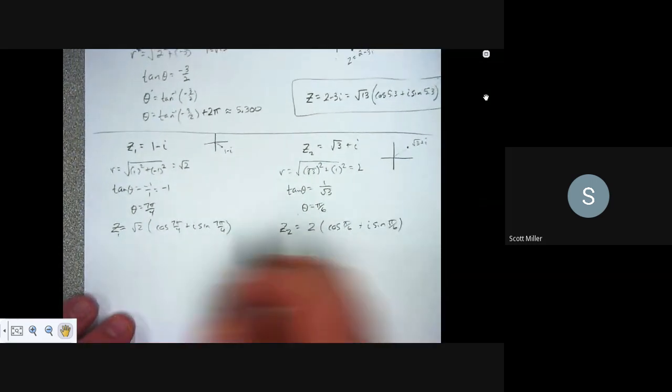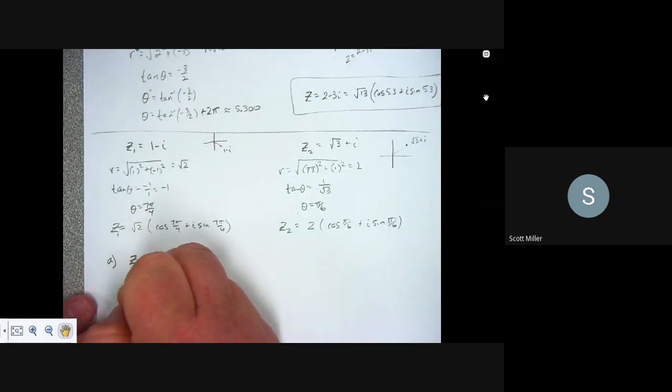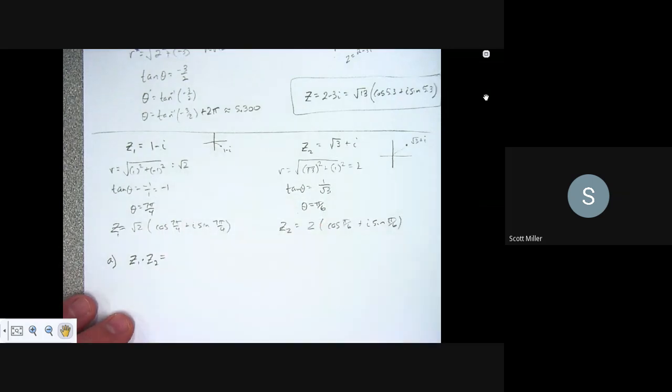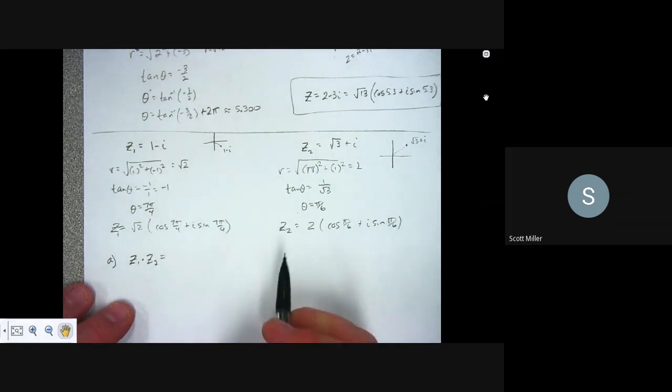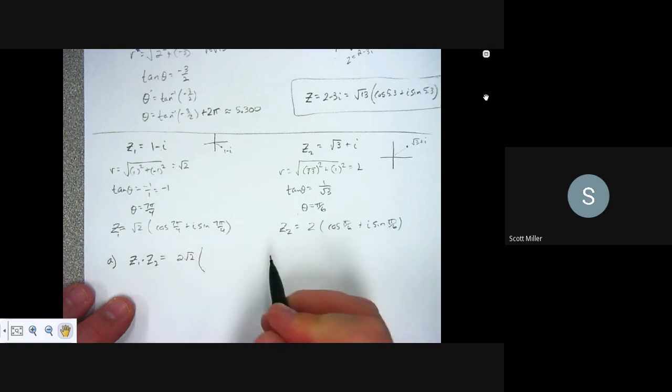So with these 2 forms now, I can figure out very quickly Z1 times Z2. Yes, I could have just multiplied those out and gotten the same answer, but I'm showing you how these rules work. So the first step here is to take the two r's and multiply them together. And then we take the two angles and we add them together.